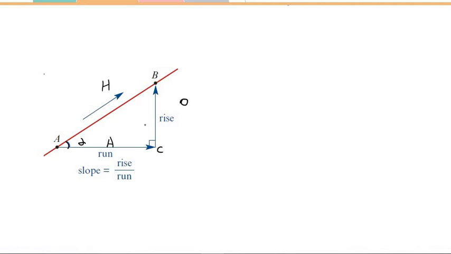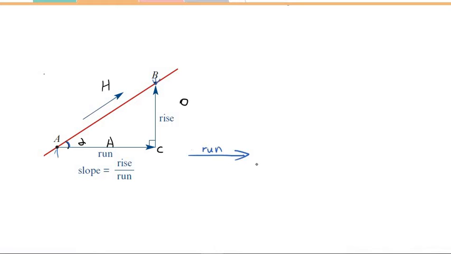Alongside my rise, with my A and O, you can also see that some people write run and rise. Run is going across the horizontal distance from the pivot to point B. So it's the horizontal distance between point A and point B. That's called a run because that's running across the Cartesian coordinate plane.